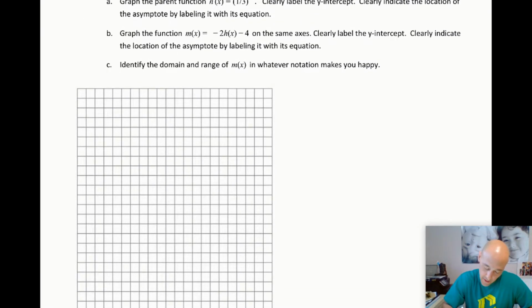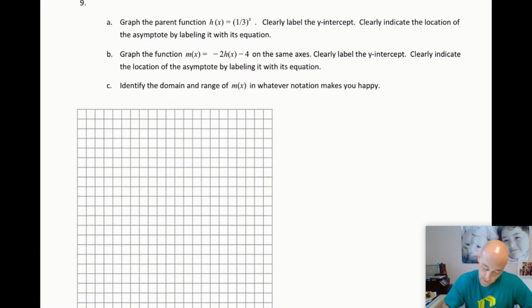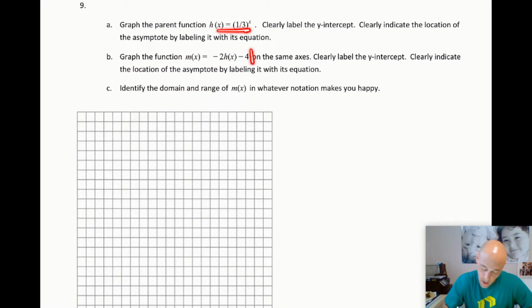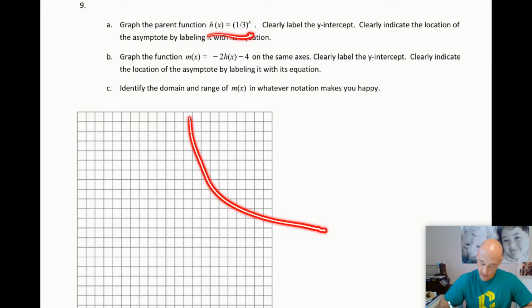And the other thing to notice is that when we graph this function m of x, we're going to take that previous function and we're going to subtract 4 from it. So this one is going to be coming down like this, and this one is going to be coming up like that, because the -2 means that it's going to be reflecting.